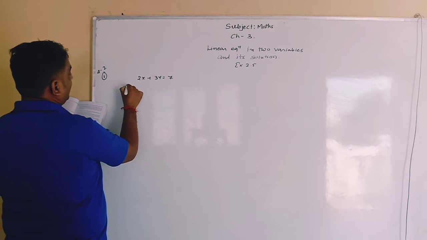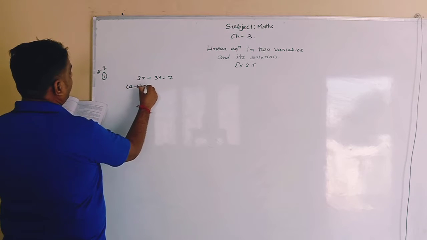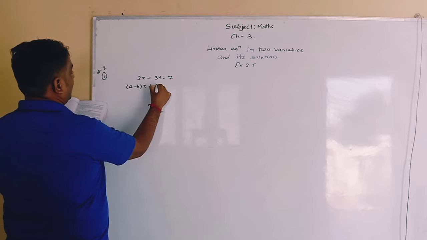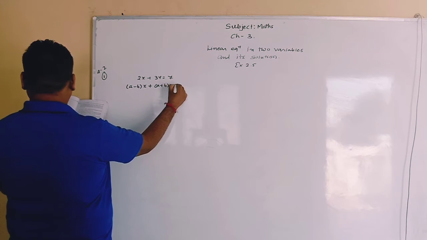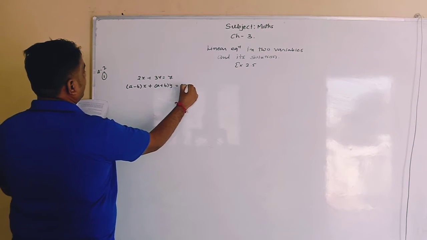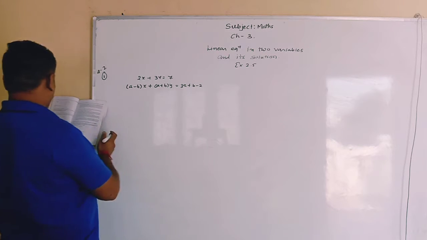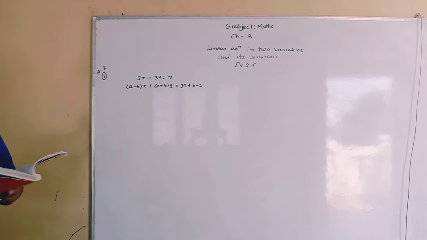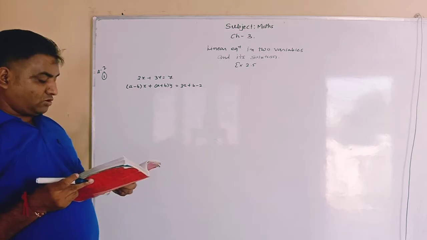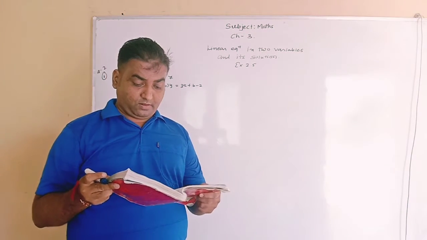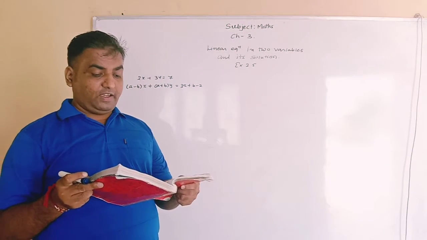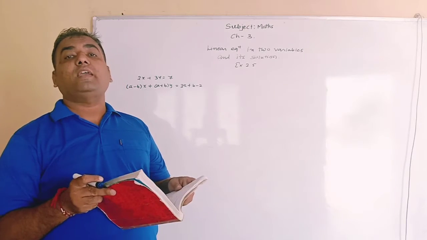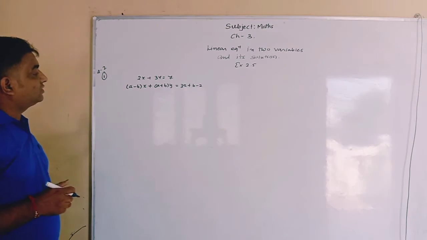And the second equation is (a - b)x + (a + b)y = 3a + b - 2. For which values of a and b do the given linear equations have an infinite number of solutions?